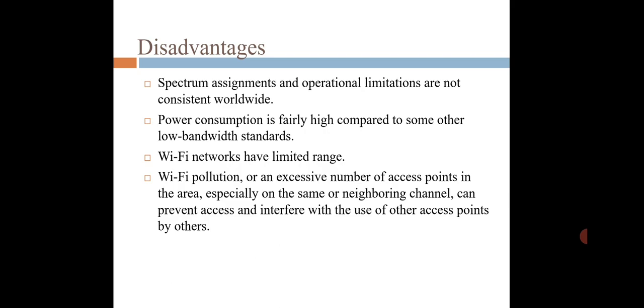In Wi-Fi, an excessive number of access points in the area, especially on the same or neighboring channels, can prevent access and interfere with the use of other access points by others. These are the disadvantages of Wi-Fi.